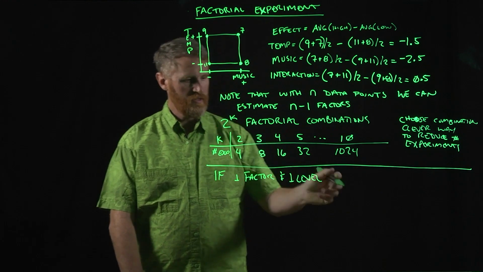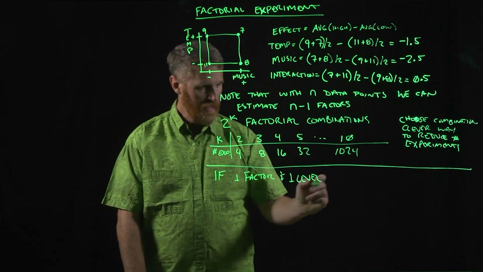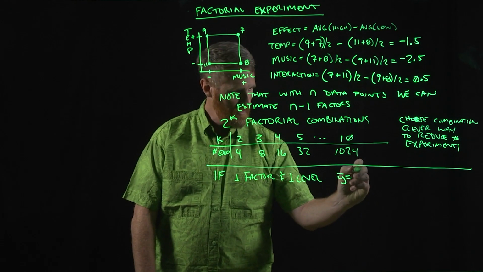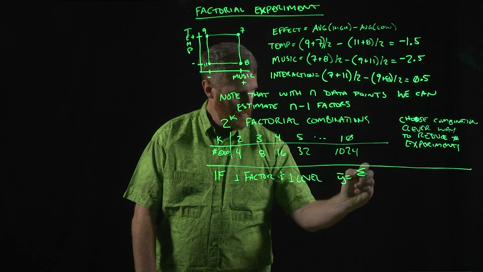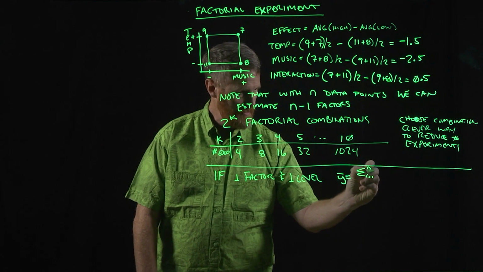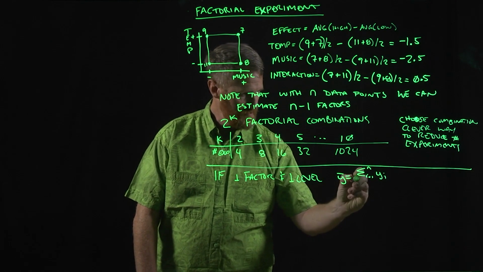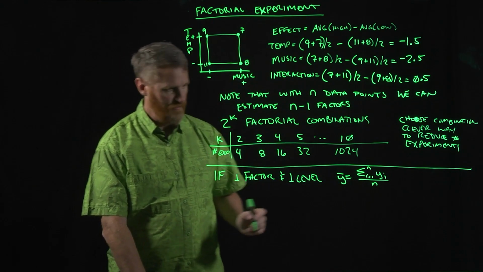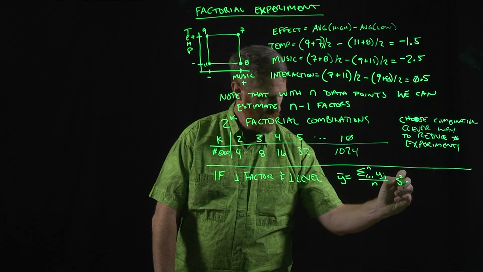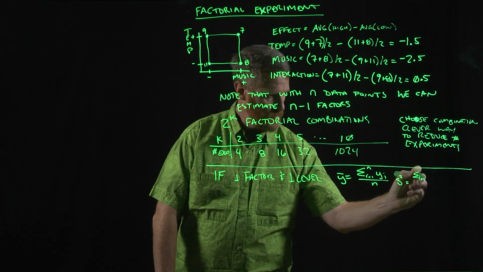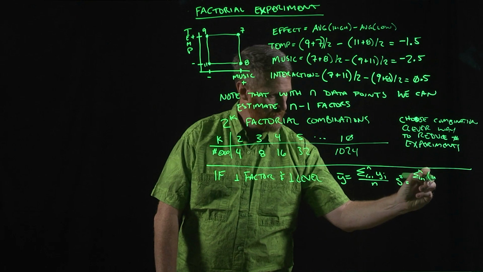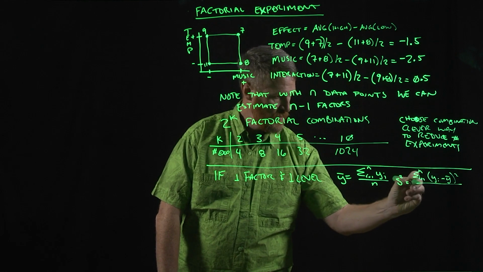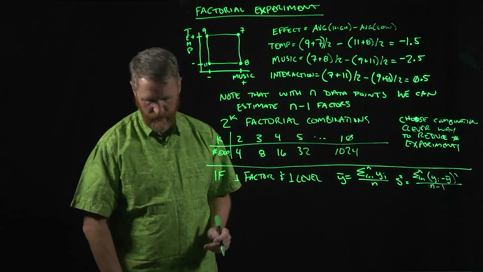Well, to understand this factor I can look at the average response, with the formula: the sum from i equals 1 to n of all of those items divided by however many there are. I can also look at the variance, and that is going to be the sum from i equals 1 to n of my value for y minus the average, squared, over n minus 1. And those are the options that I have.